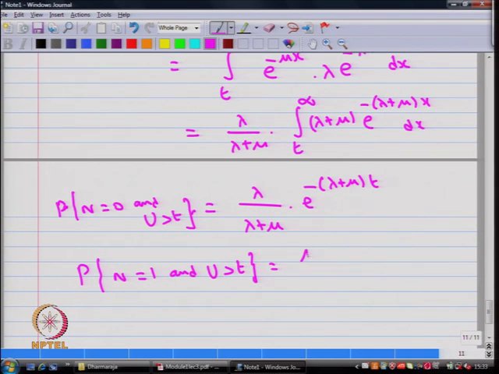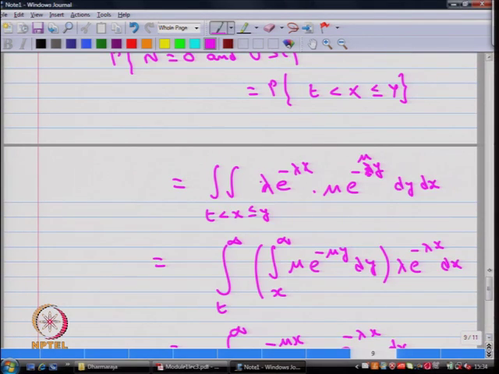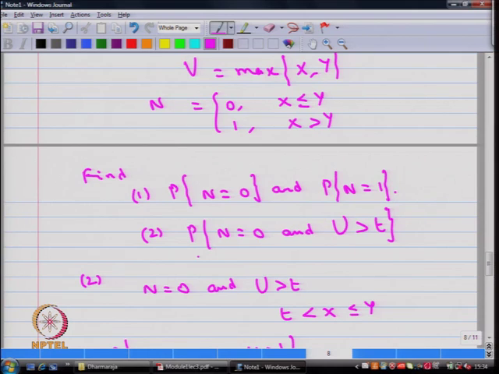That will be mu divided by lambda plus mu multiplied by e power minus lambda plus mu times t. So, with this the second part is over. Now, we have found the probability of N is equal to 0 and U greater than t. Also, we got the probability of N is equal to 1 and U greater than t.